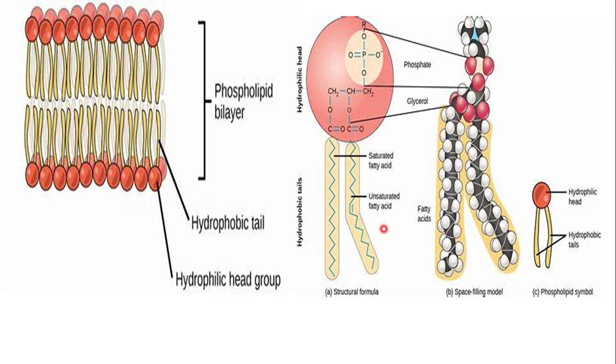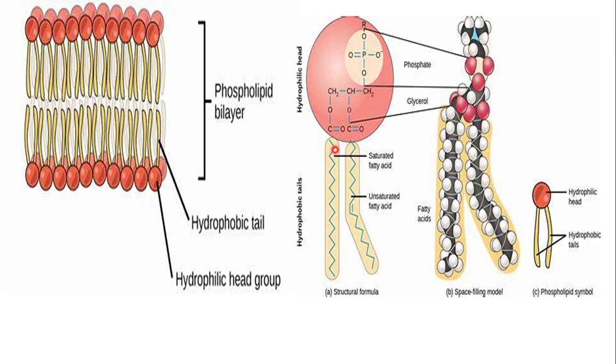So this is a typical example of a phospholipid. We have our polar head, and automatically we have our non-polar or hydrophobic tail. Now look at the polar head. In the polar head, we have the phosphate group here, and we have our glycerol. The same thing applies here.